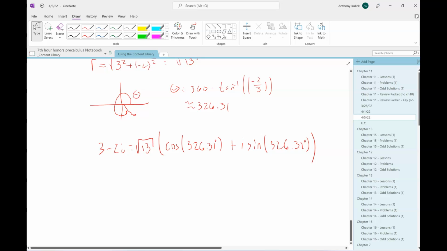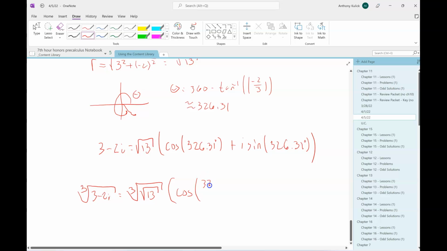All right. So if I want the cube root of this, I'm going to take the cube root of r, so the cube root of the square root of 13. That looks pretty gross.